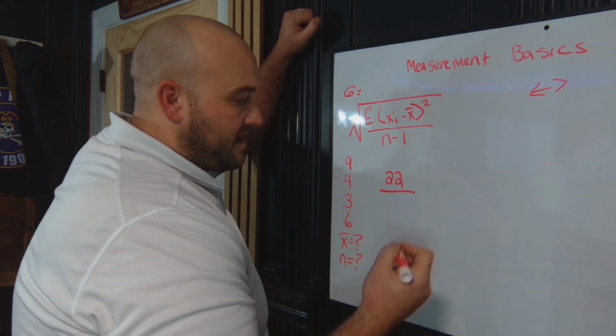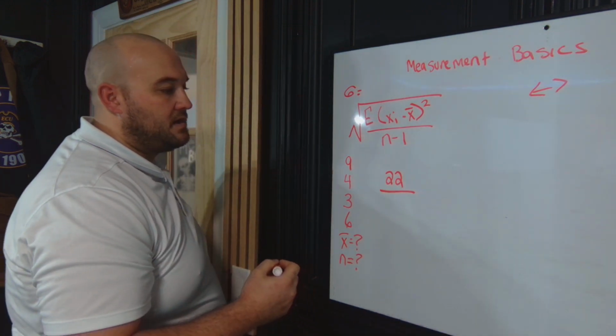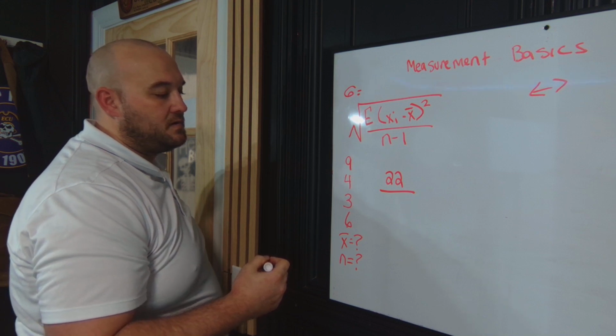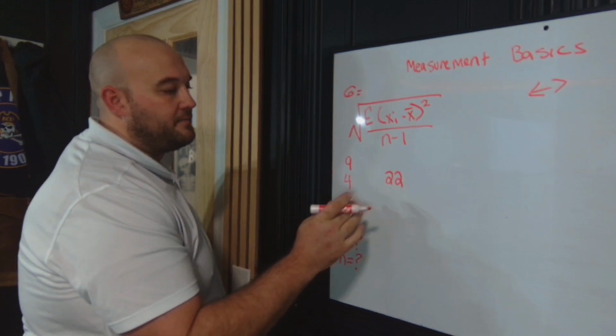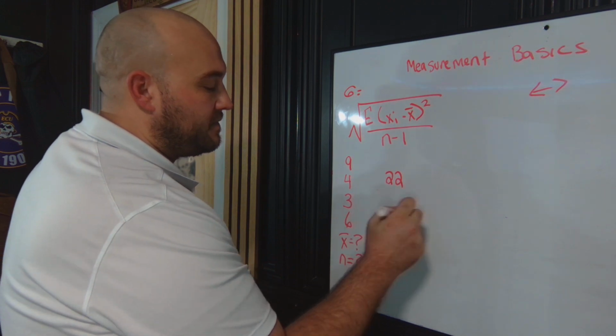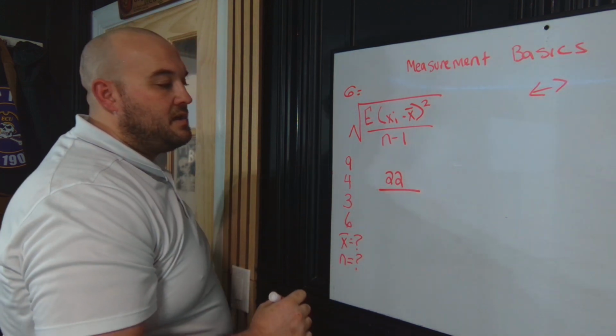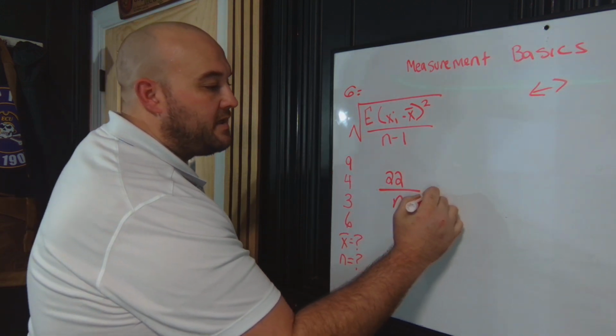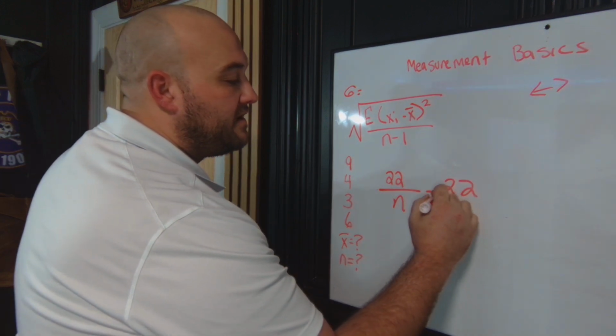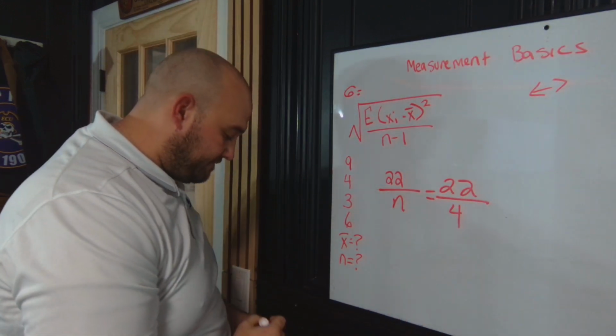And then I have n minus 1. Let me back up. So I have 22, and n is going to be what? Well, n is going to be 22 divided by 4.